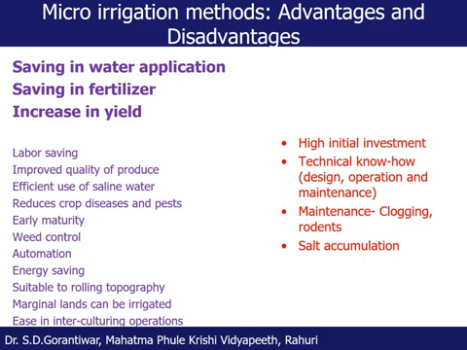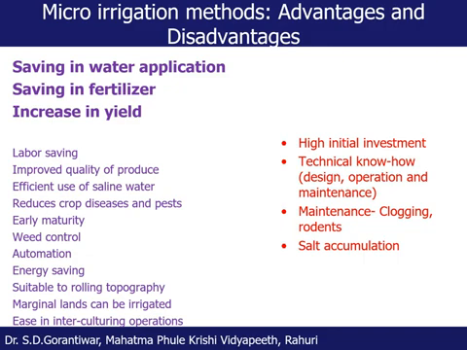I think later in the series of training lectures there are two to three lectures on automation, which is one of the biggest strengths of the micro irrigation method. Energy saving. So nowadays, you know, there is the cost associated with energy actually.